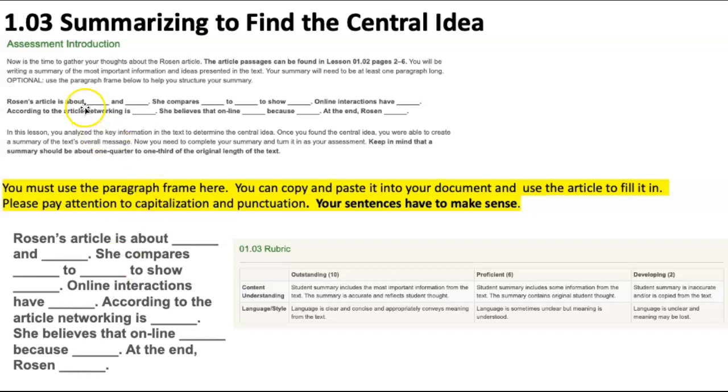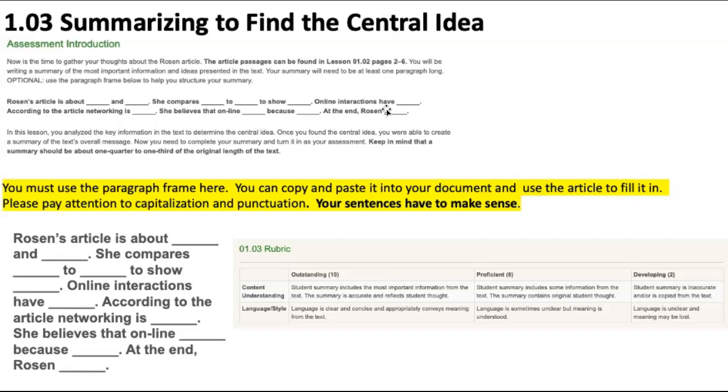Notice if we count, we have 1, 2, 3, 4, 5, 6 sentences in this summary. Make sure that you are including the information. Let's take the first one. Rosen's article is about blank and blank. That one's pretty easy. Once you've read the article, you should know the two things that the article is about.